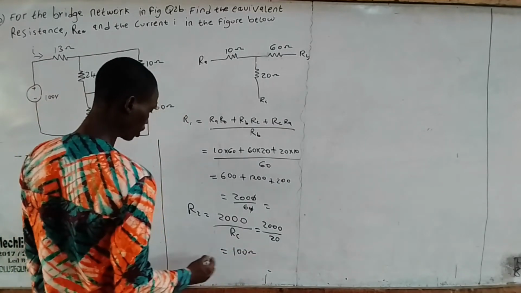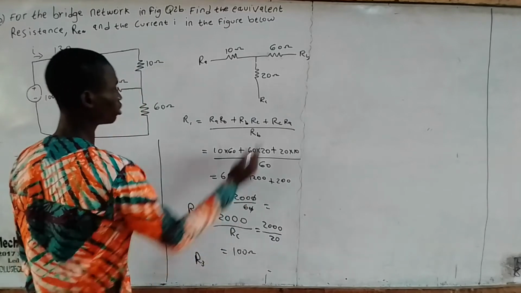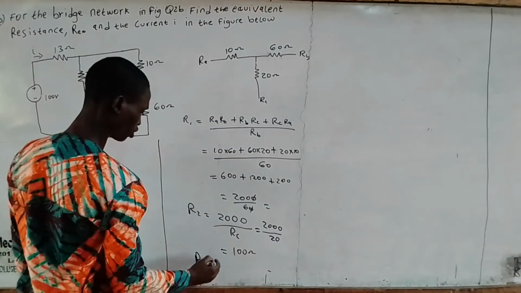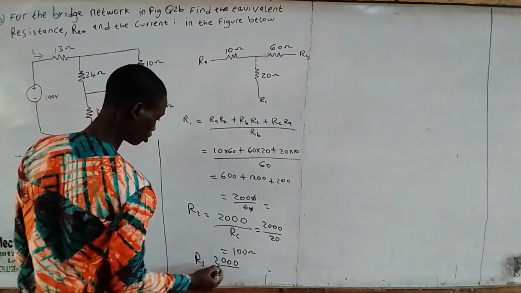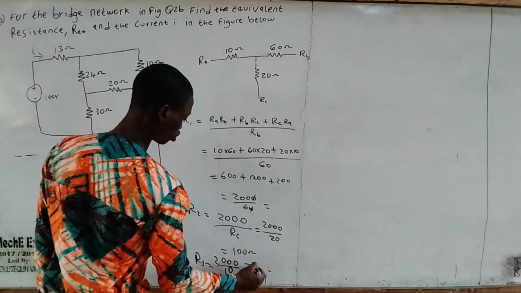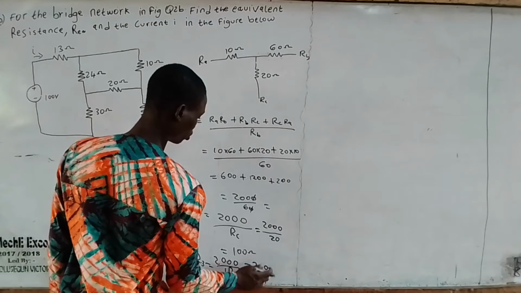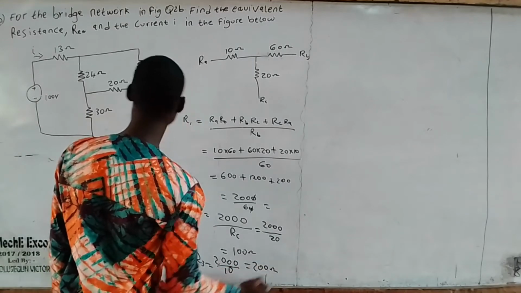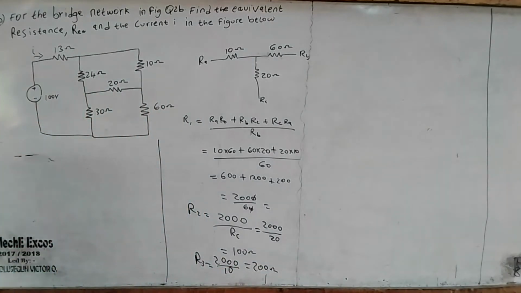Very correct. And we have R3 to be always this. That's going to be 2000 divided by 10, and that will give us 200 ohms. 200 ohms. Let me continue with here.